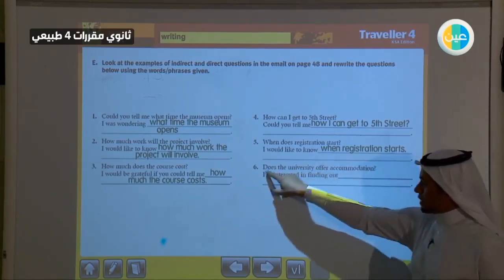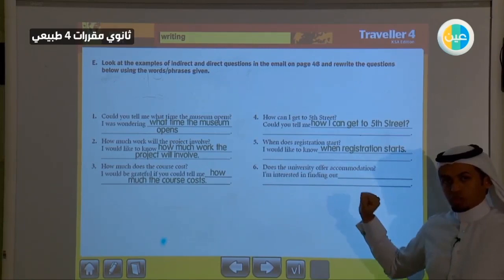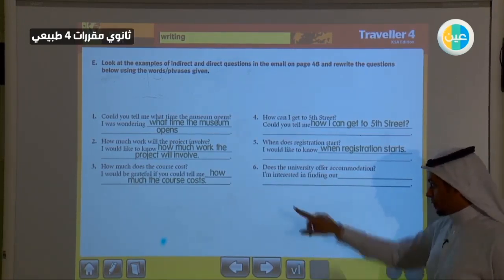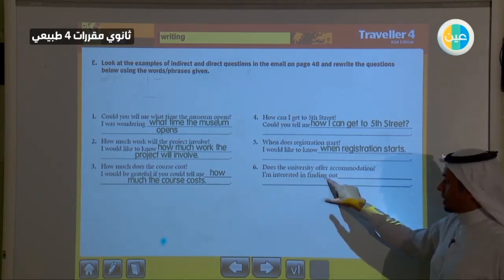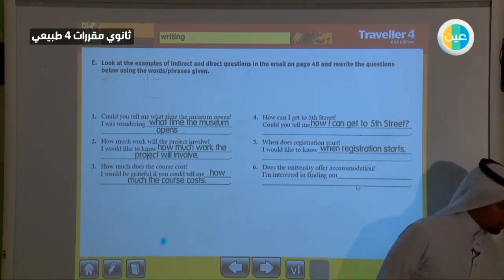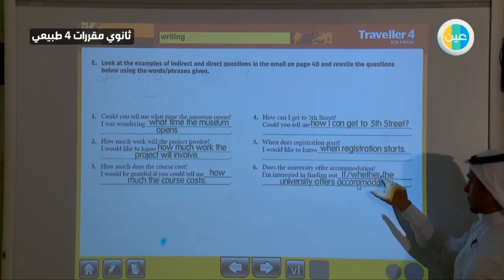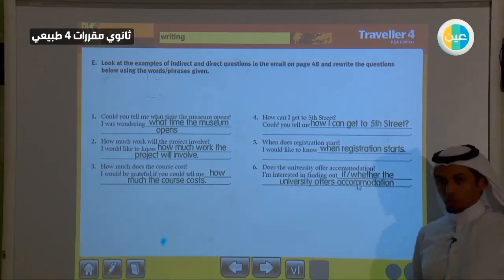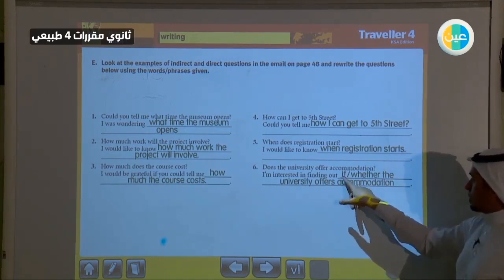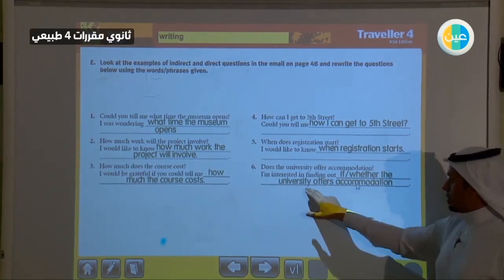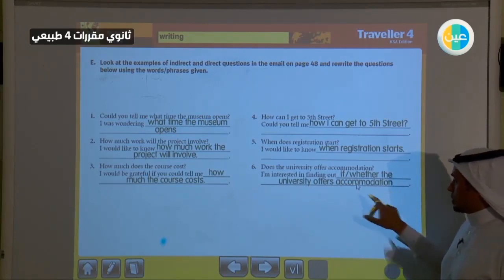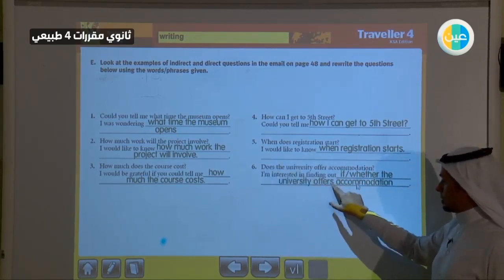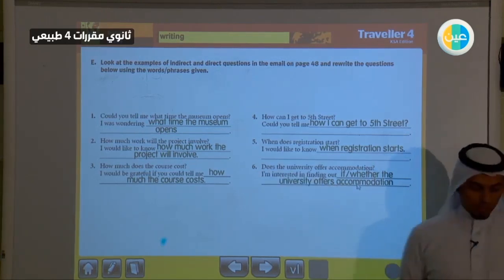So the question here is a yes or no question, so we use if or whether. I am interested in finding out if or whether the university offers accommodation. I would like to know if the university offers accommodation. Again, we didn't include does, but we added s for the verb.